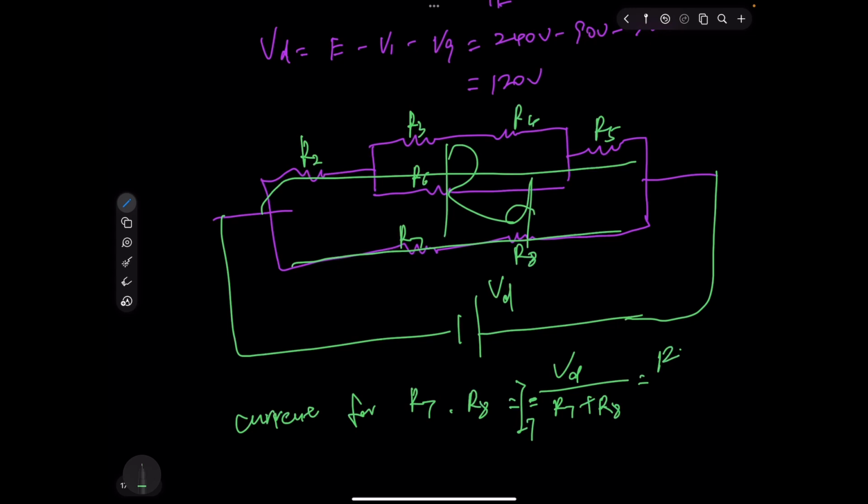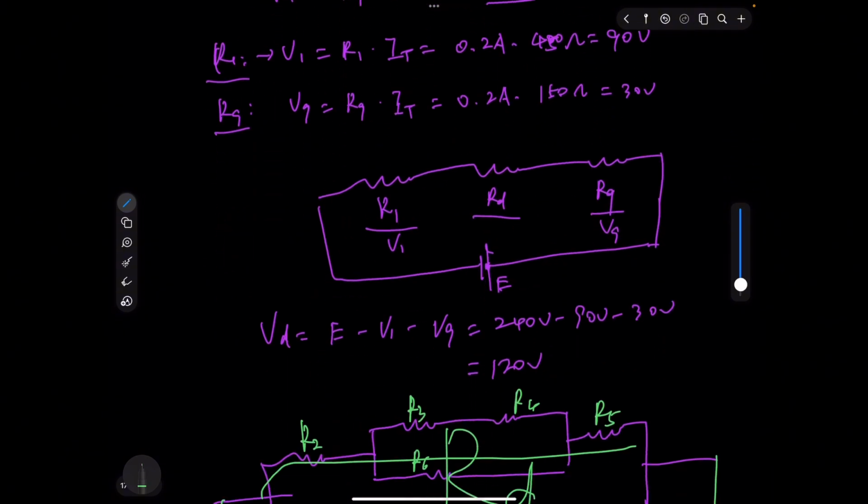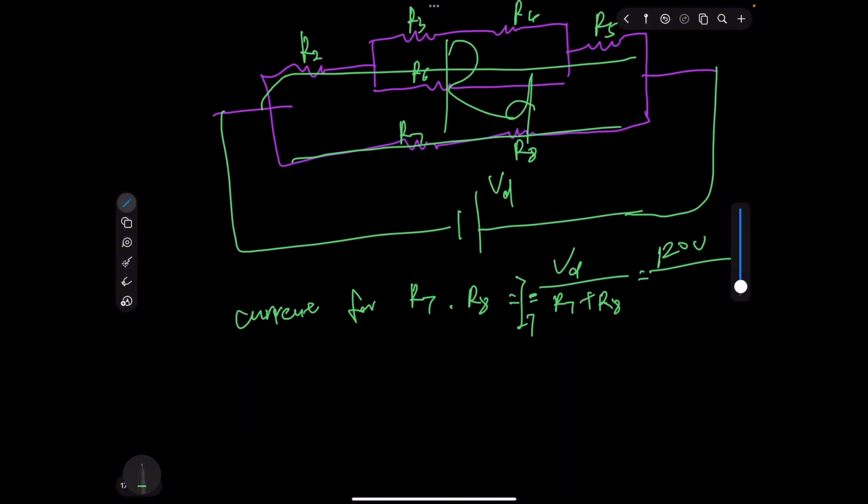VD is 120 volts divided by R7, 1100 ohms, plus 1300. That will give us 120 divided by 2400. So it would be 0.05 amps.